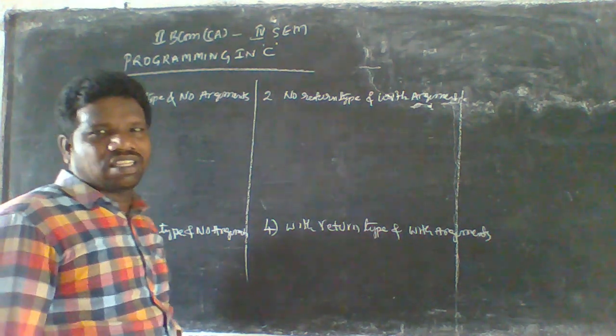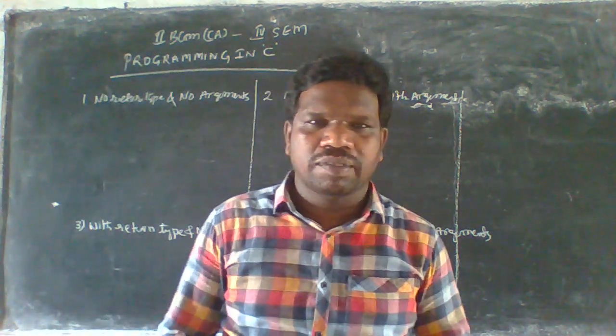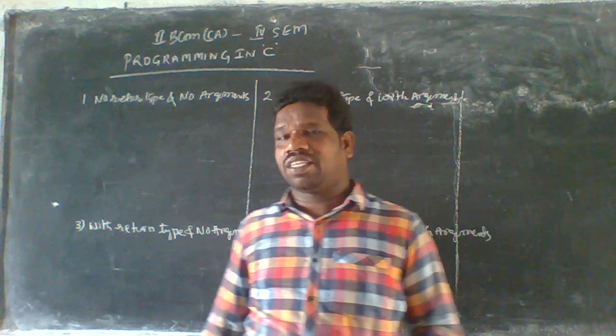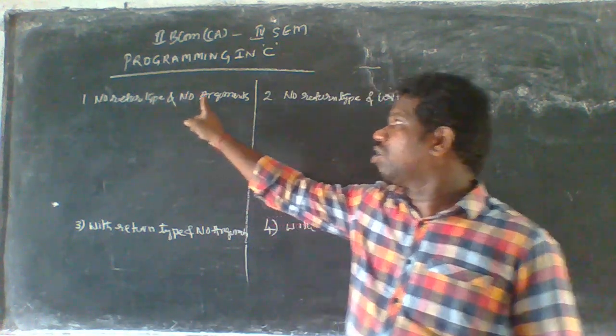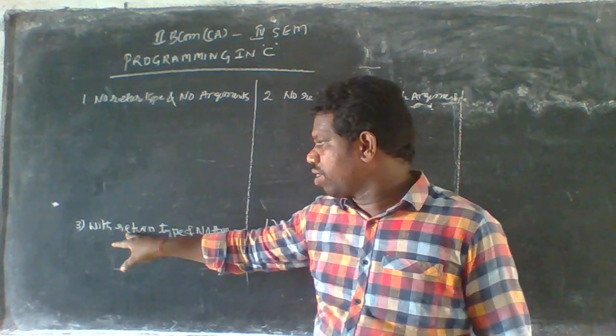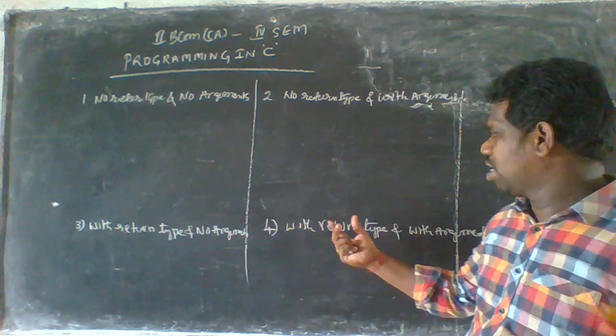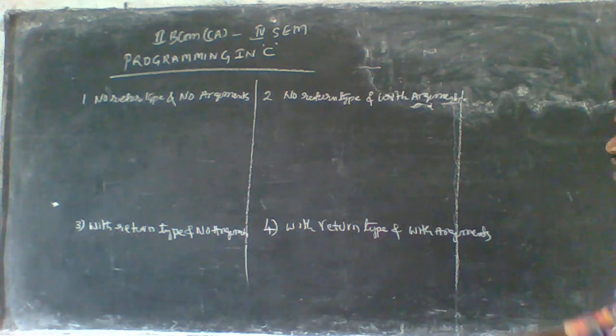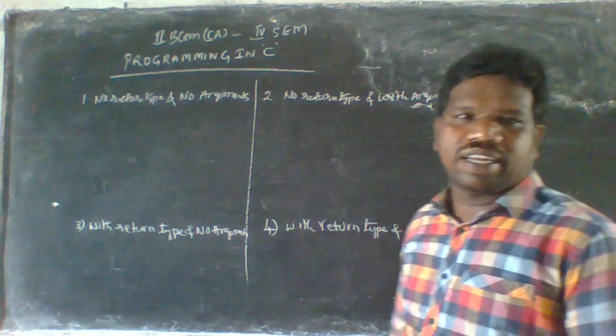So in this session there are four types of functions available here, named as: no return type, no arguments; no return type, with arguments; with return type, no arguments; and with return type and with arguments here. Okay, so let us see.